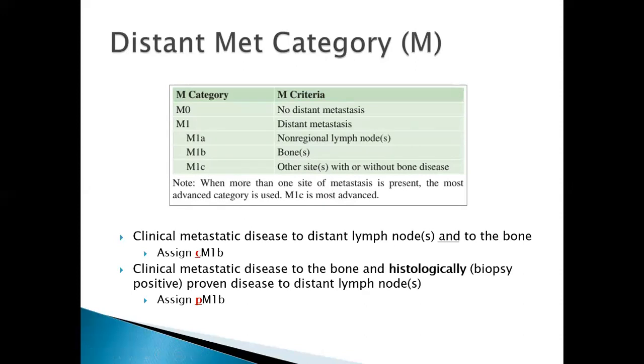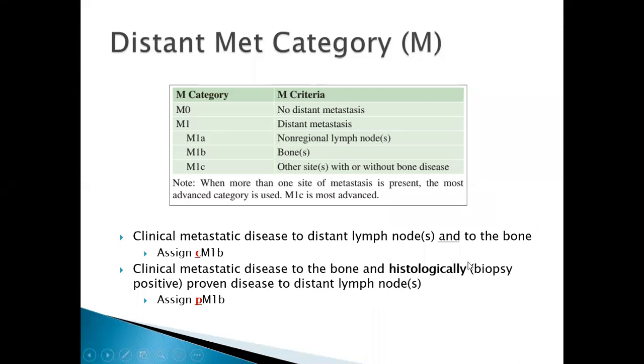that's the worst prognosis, okay? So for clinical metastatic disease to the distant lymph nodes and to the bone, you would assign a CM1B. Now let's say there was clinical metastatic disease to the bone, but it was histologically proven by a positive biopsy that there was disease in a distant lymph node.